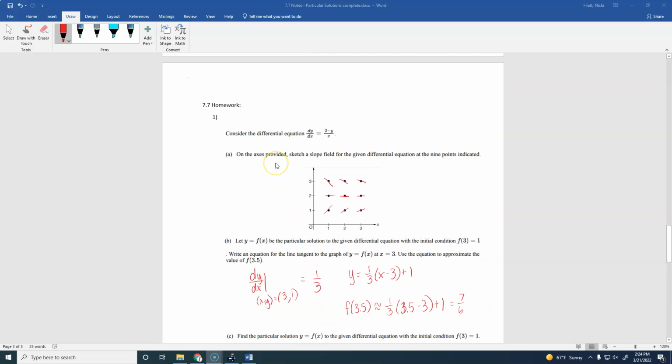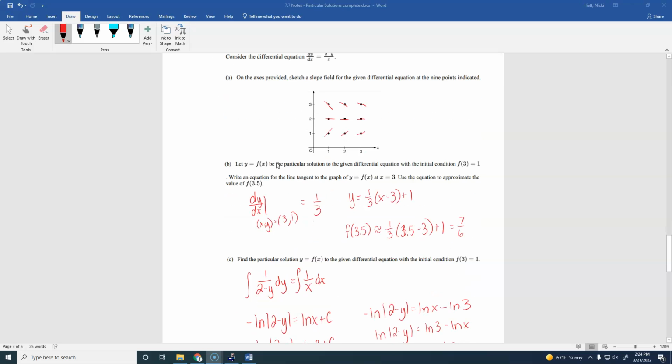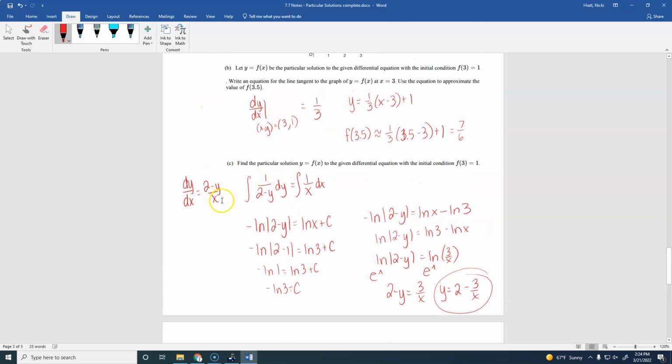Our differential equation was dy over dx equals 2 minus y over x. So to separate these, you could cross multiply: x dy equals 2 minus y dx.